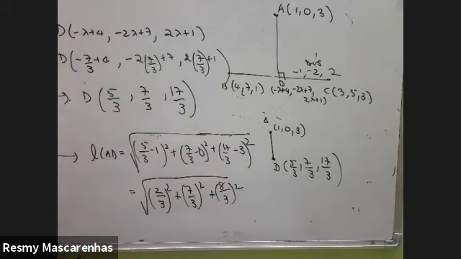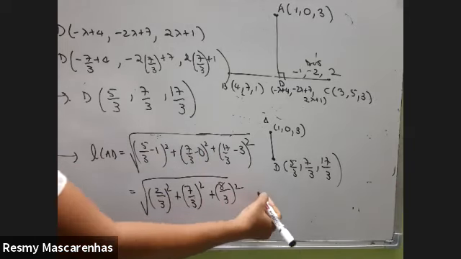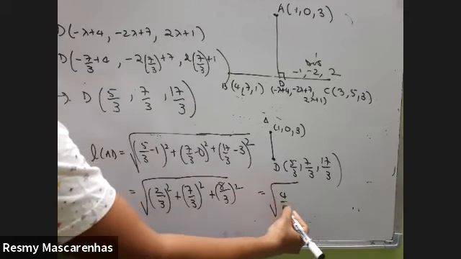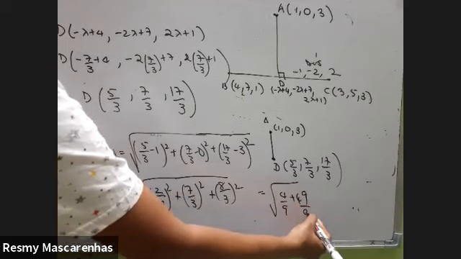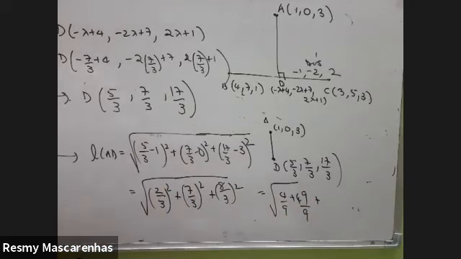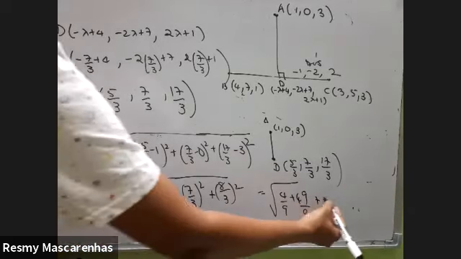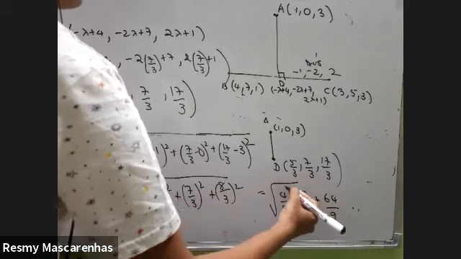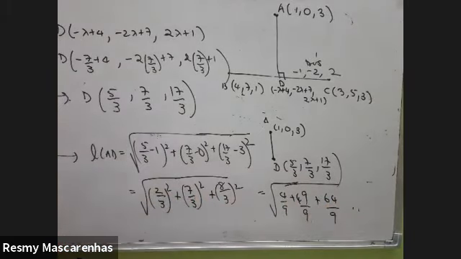And now square. 4 by 9, 49 by 9, and square root of 117 by 3.